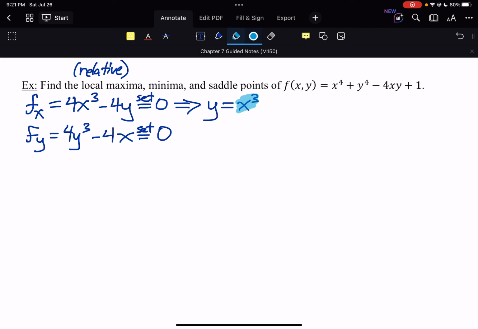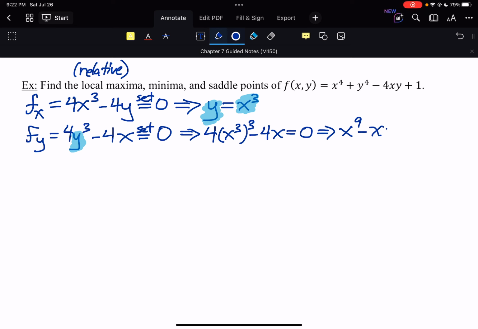And I'm going to use this in the second equation. So we get 4x cubed minus 4x equals 0. So that's divide by 4, that's x to the 9th minus x equals 0.